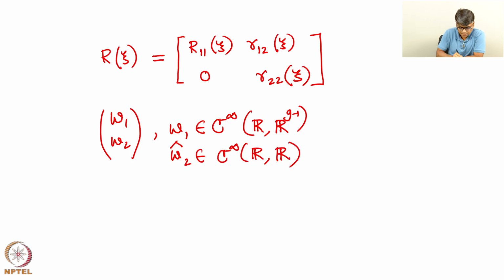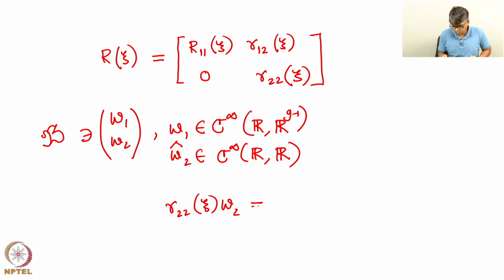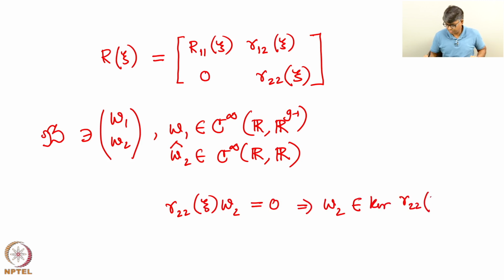Now, suppose this is in B. What can we say about that then? Notice that this means R22(ξ) w2 is equal to 0. That means w2 must necessarily be in the kernel of R22(ξ).